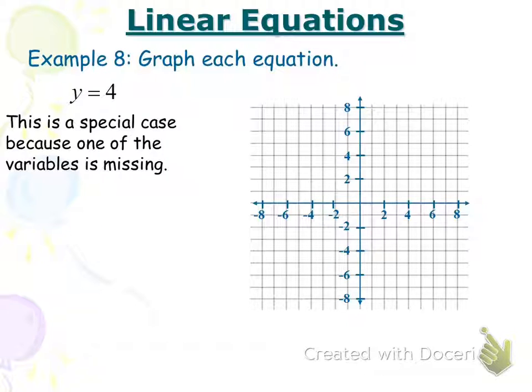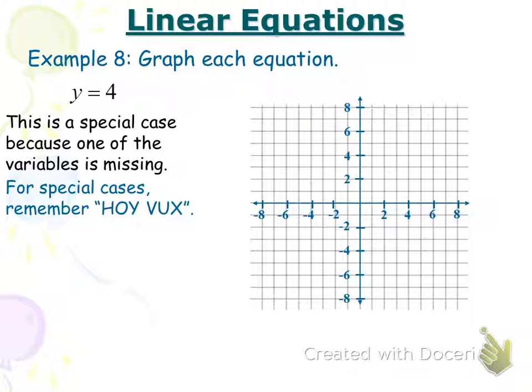Here's the acrostic. HOY VUX. H, O, Y, V, U, X. All right. Now, because of the context of what we're talking about here, what do you think the H stands for in HOY? Horizontal.